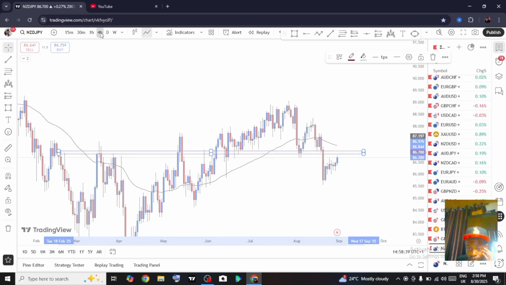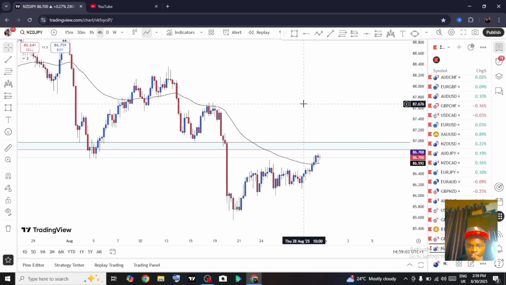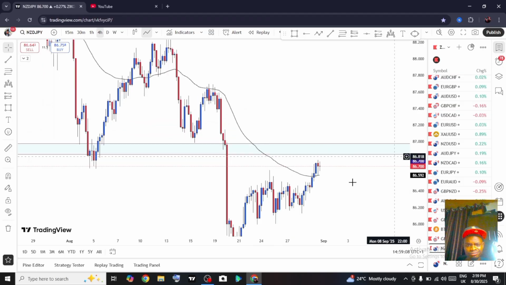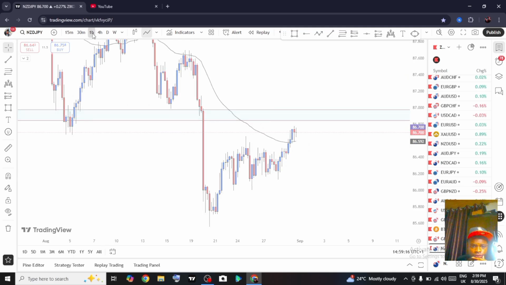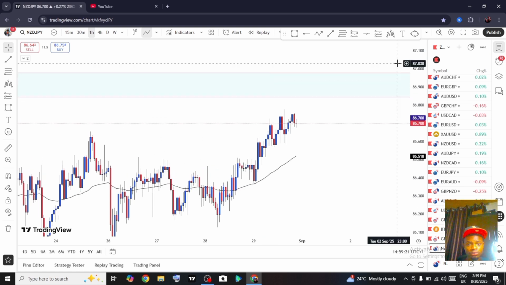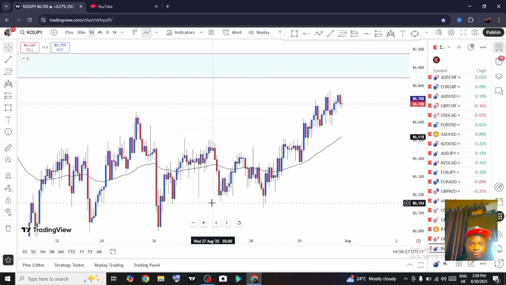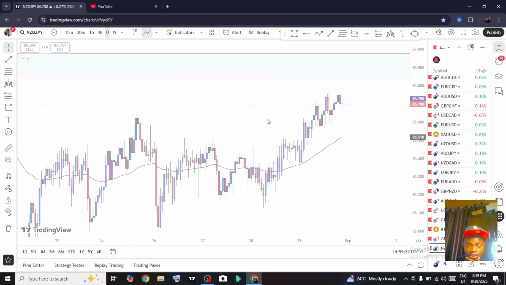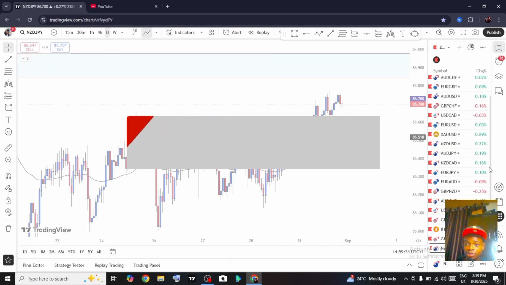So 4 hour time frame. 4 hour time frame is bullish. 1 hour time frame. Alright, I don't like this pair. So that's pretty much the pairs.